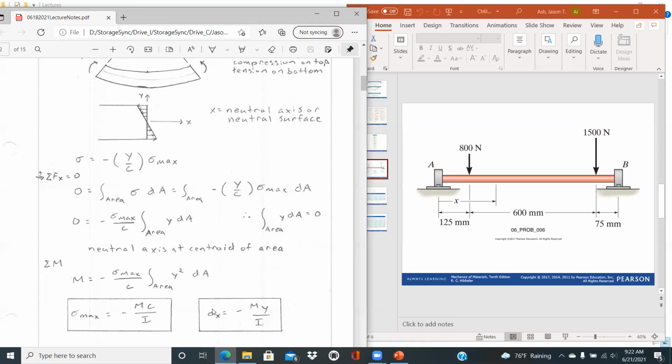But then that same trend follows through that if you wanted to know the stress anywhere through the thickness of the beam, you just replace c with y.